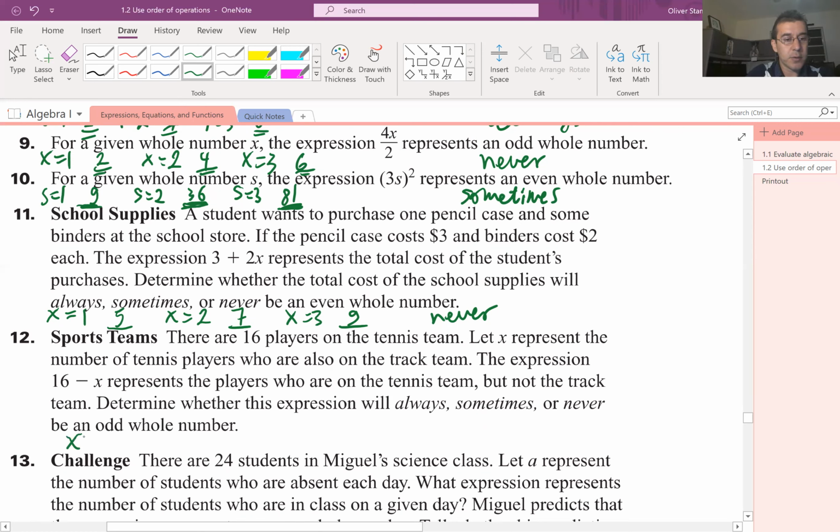Let's try it for X equals 1. 16 minus 1 is 15, but if X is 2, we get 16 minus 2, which is 14. And it's always going to be odd, even, odd, even, odd, even. So odd, we say sometimes, right? Because right here is an odd, but here is not an odd, it's an even. So it's an odd sometimes. And that's number 12.